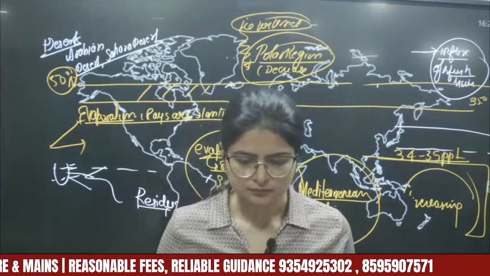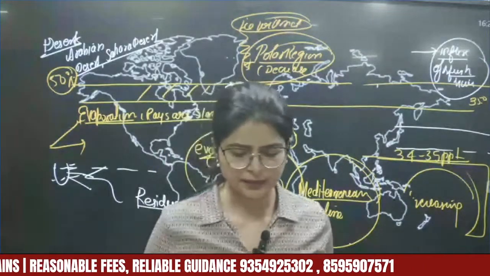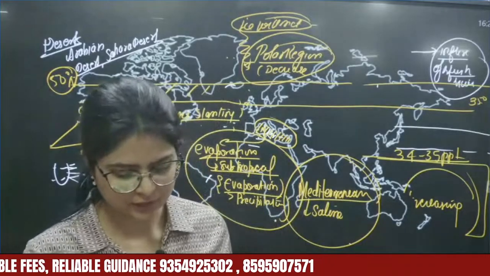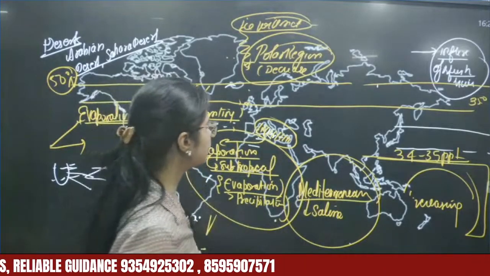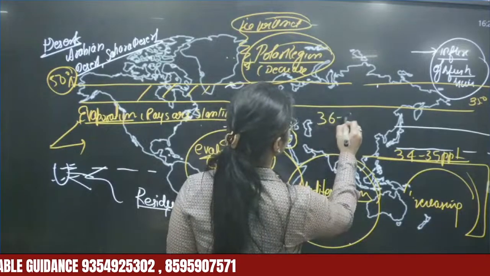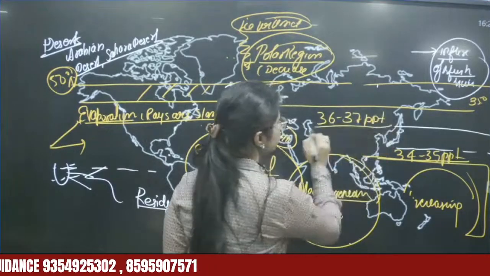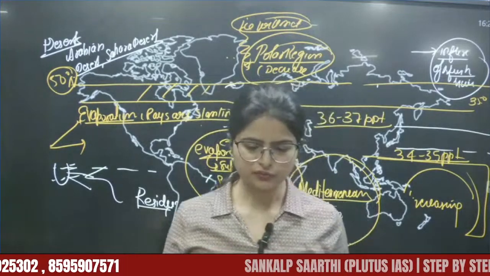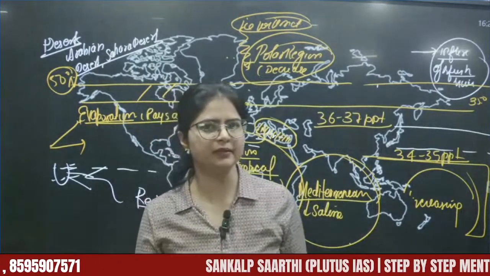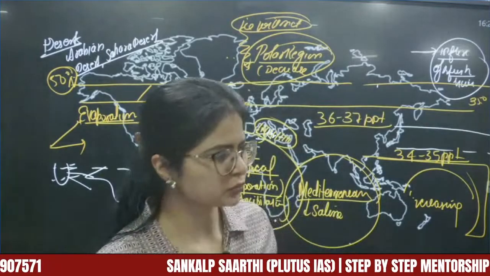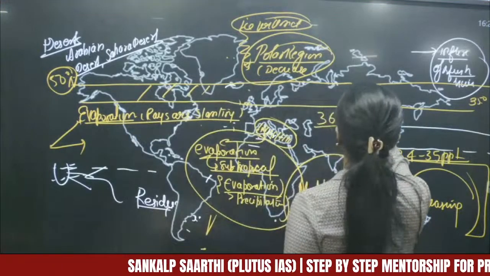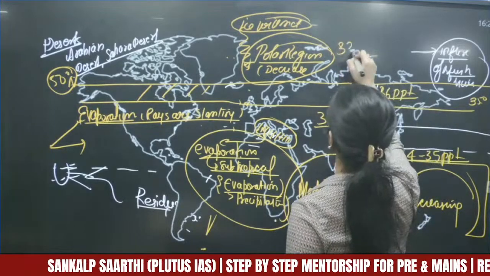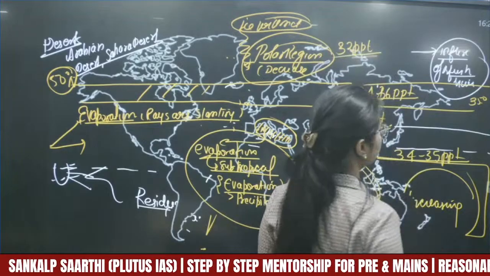Then write down, at tropical and subtropical regions, the value is 36 to 37 ppt. Next, write down mid latitudes: 34 to 36 ppt. And further going towards the pole, you will have 32 ppt.